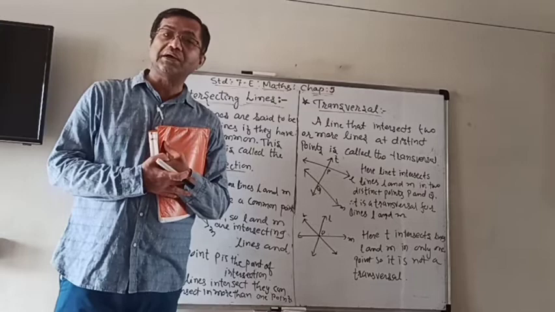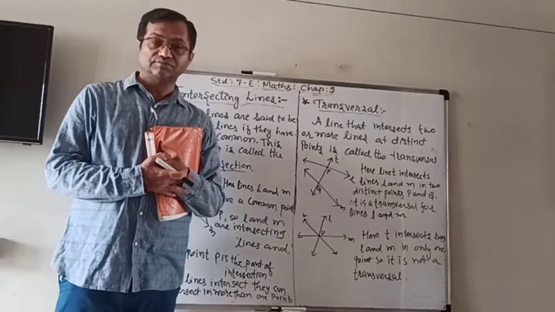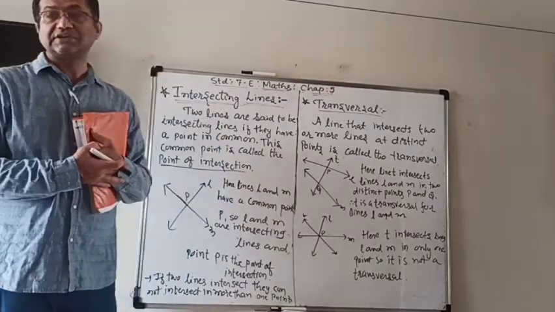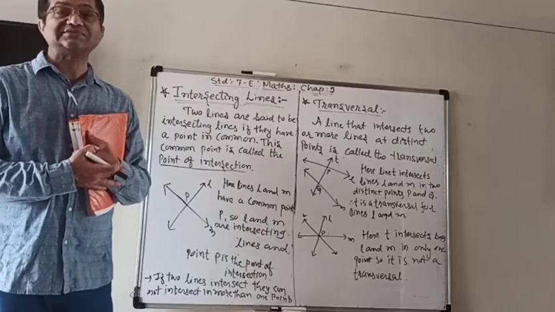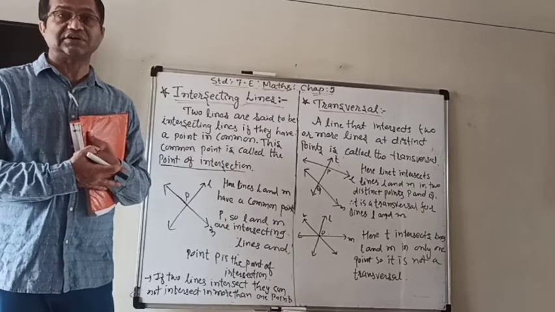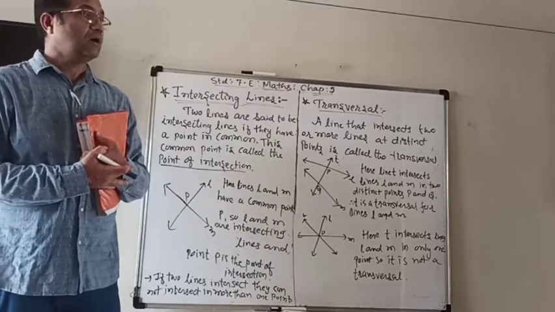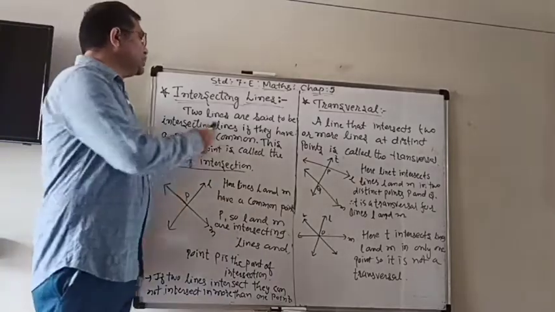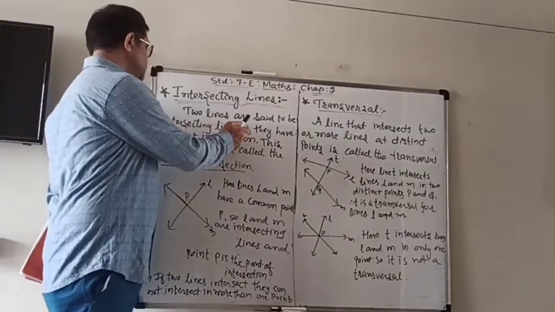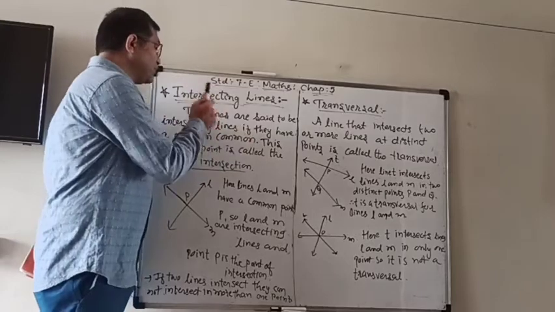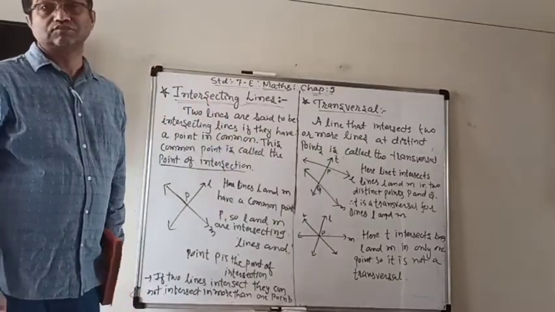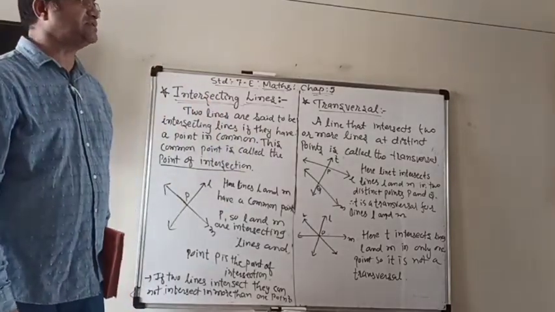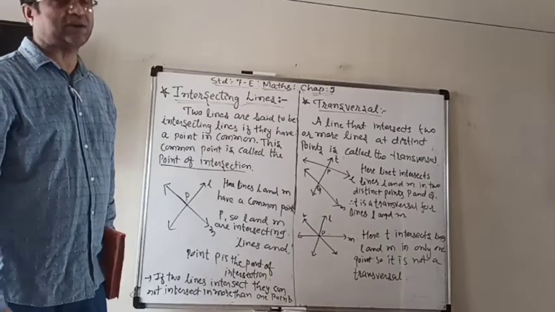What is the requirement so that we can say that the lines are intersecting? So when two lines have a point in common, then we can say that the lines are intersecting lines.